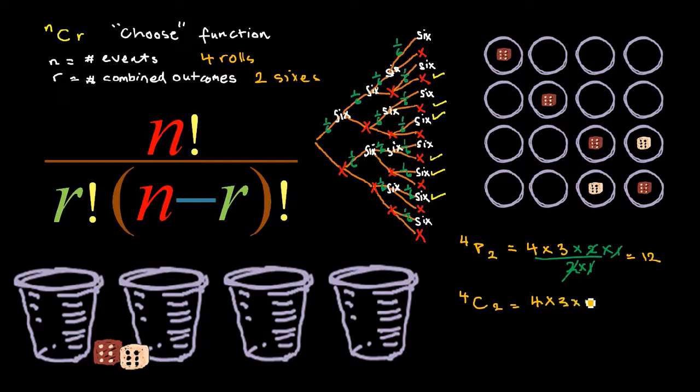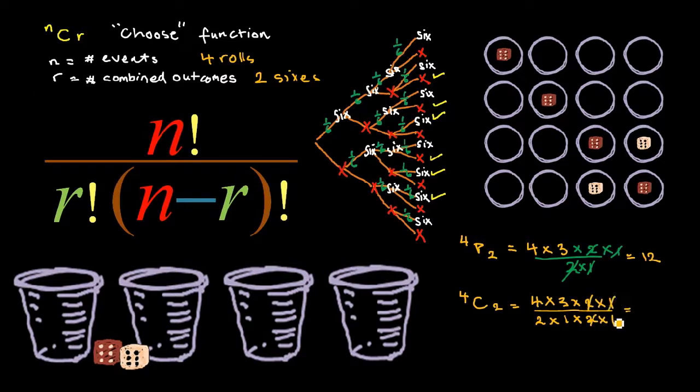So 4 times 3 times 2 times 1, divided by n minus r, so that's 2 factorial, 2 times 1, which gives us then our number of permutations, in other words 12, but we're dividing now by r factorial, so that's 2 times 1 again, so 2 times 1 times 2 times 1.